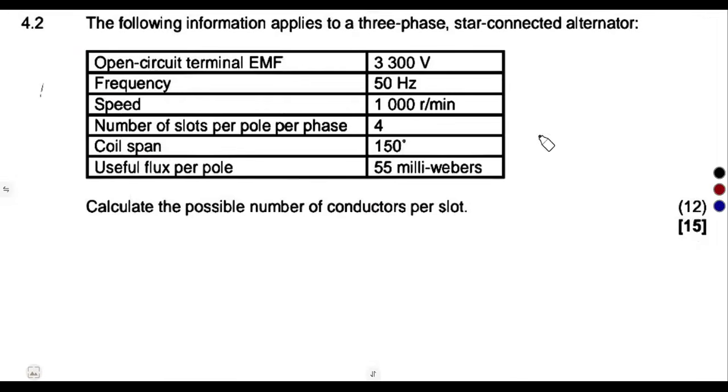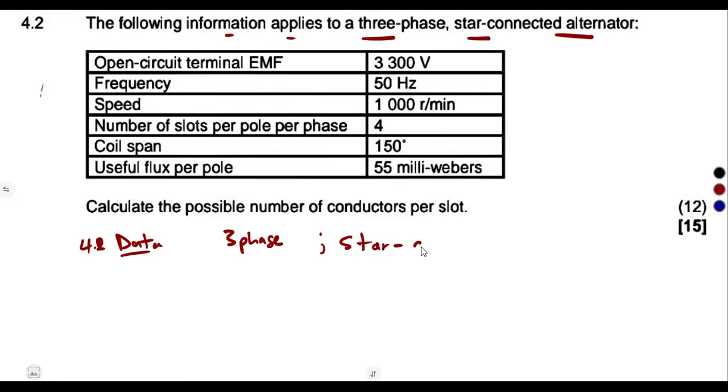4.2, we are given the following information that applies to a three-phase star alternator. So it's three-phase, and we are also given that it's star connected. Remember the condition of a star in terms of the line EMF and the phase EMF.